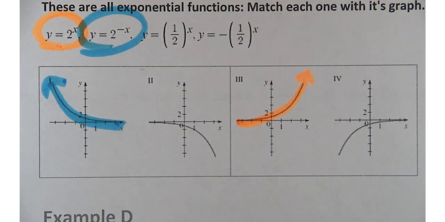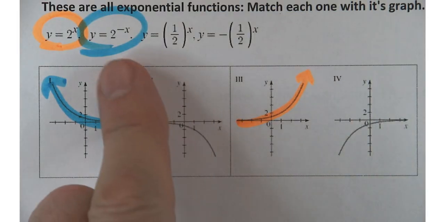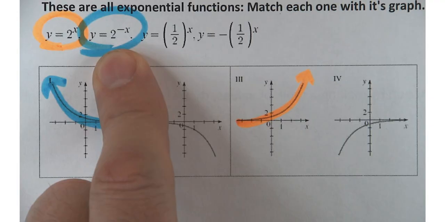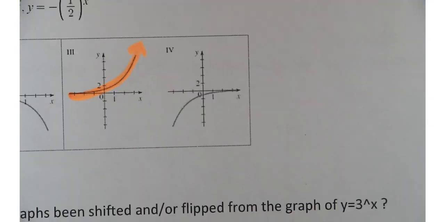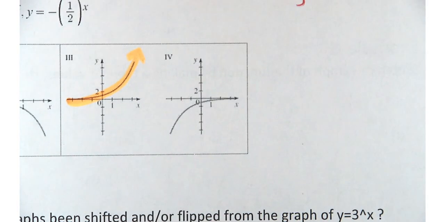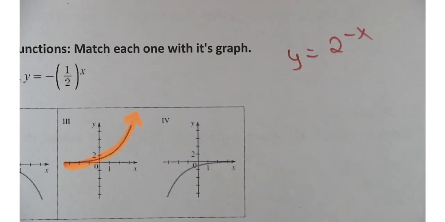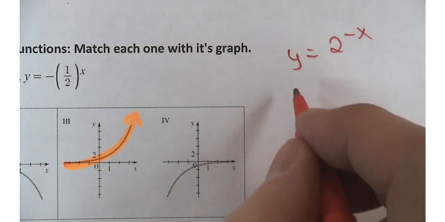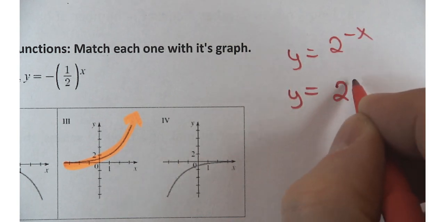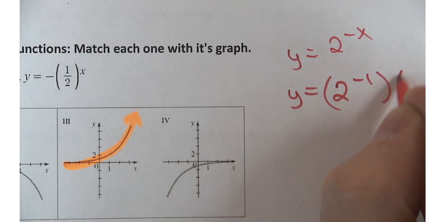Okay, so that's the first one. Before I look at this next one, let me play around with this one. So I'm going to come over here to the right and look at y equals 2 to the negative x. And I'm going to rewrite this. How about if I rewrite this as y equals 2 to the negative first power, then raised to the x?